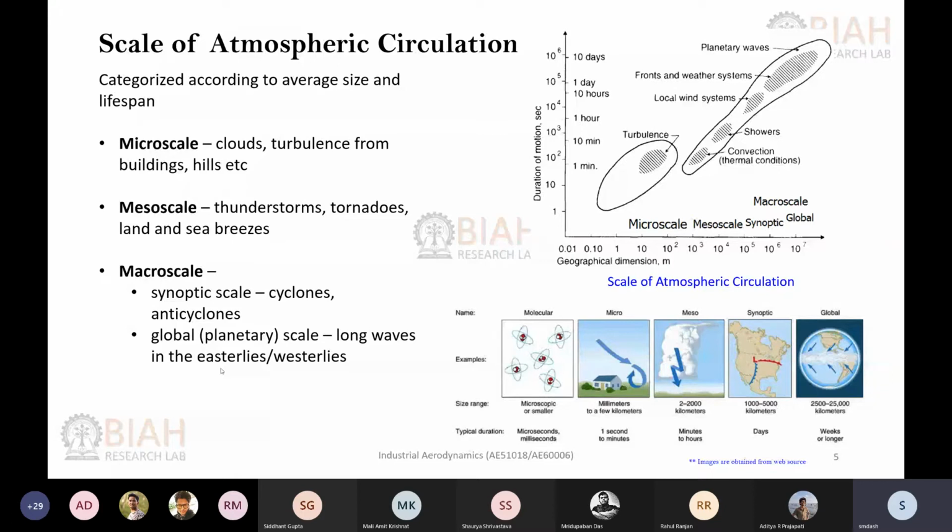Yes, sir, can you please explain the turbulence in clouds? I could not understand why it's in micro scale. Okay, when I said turbulence, this is not only related to clouds, it has other examples, like I have said, buildings and hills.